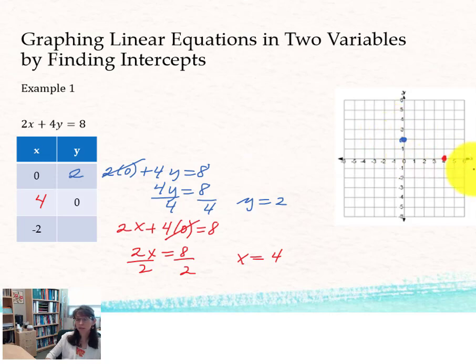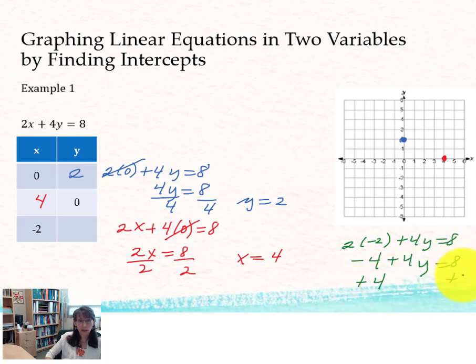Now that would be enough to graph the line, but we've got one more substitution just to make sure that our calculations are correct. So let's sub in -2 for x. 2 times -2 plus 4y equals 8. So -4 plus 4y equals 8.